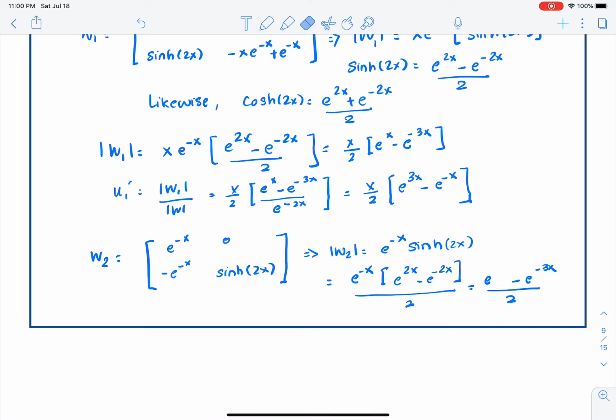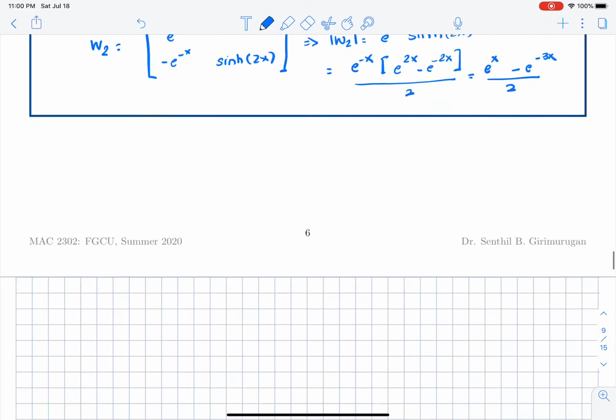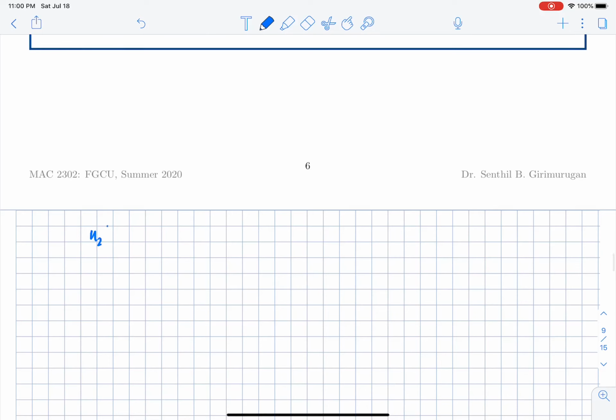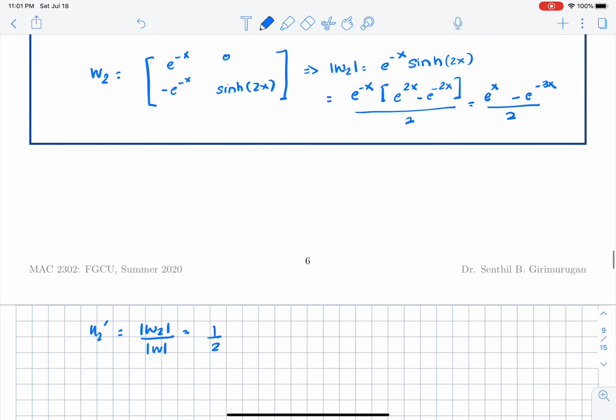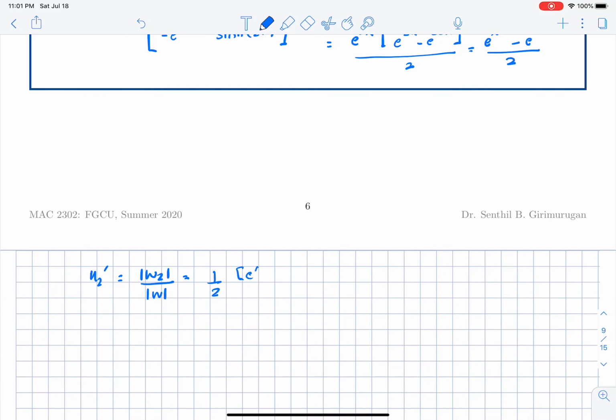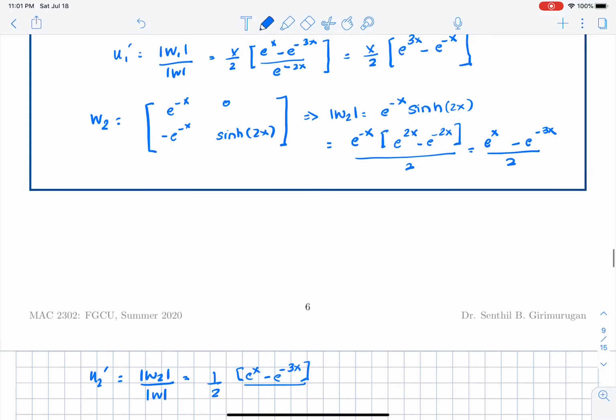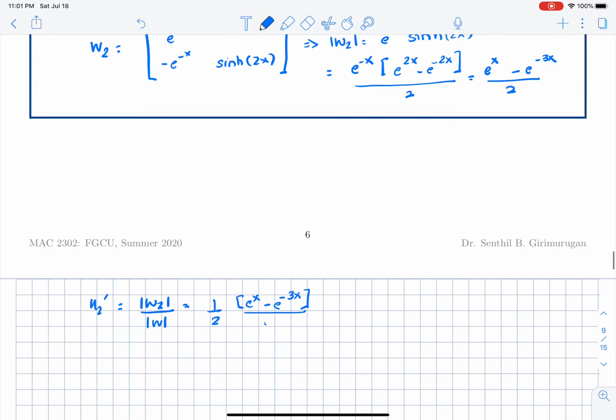That has to be positive. And we divide the determinant of W2 by the determinant of W. So 1/2 (e^x minus e^(-3x)) divided by e^(-2x), which would give us 1/2 (e^(3x) minus e^(-x)).